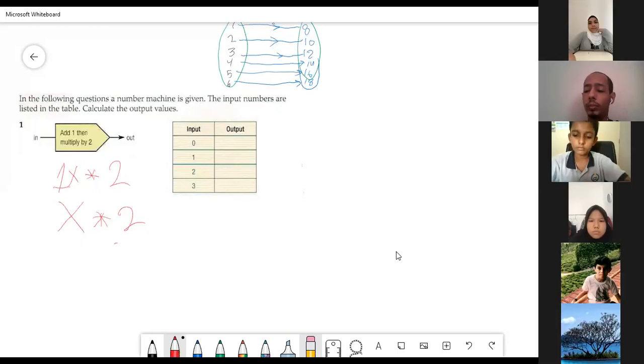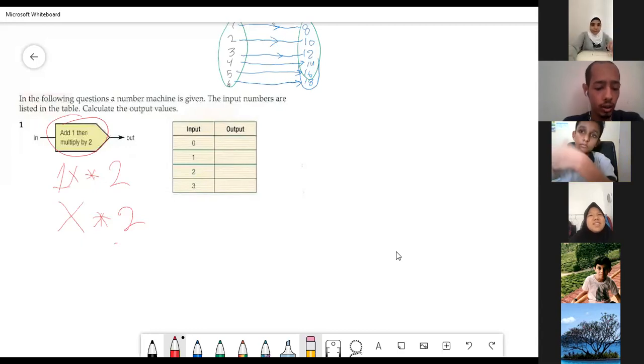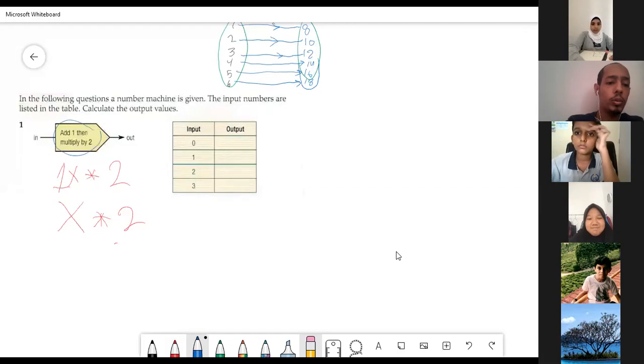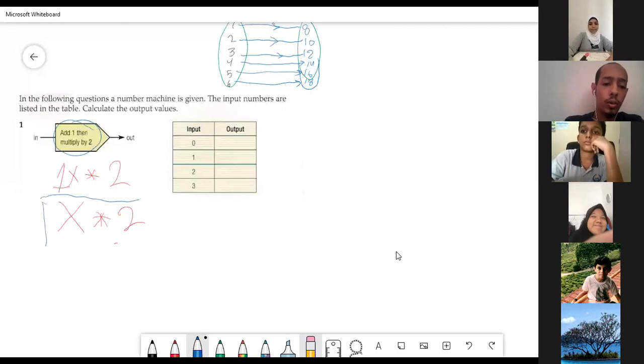Okay, no problem. Ithar, look here. We have the function machine. Is it clear? We extracted the rule from the description inside the function machine. We said the rule of the function machine is x times 2.